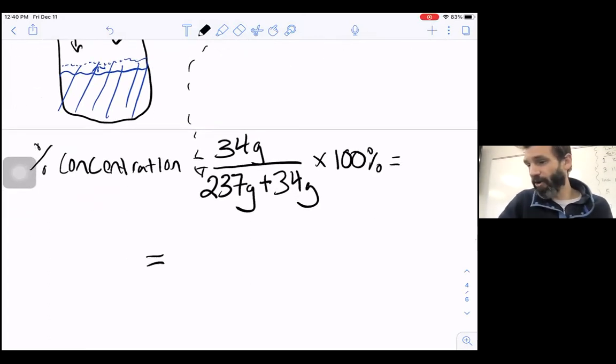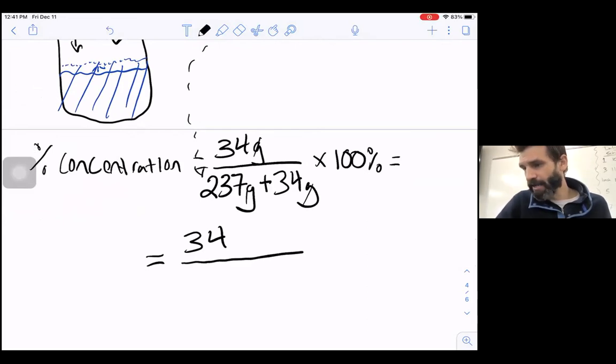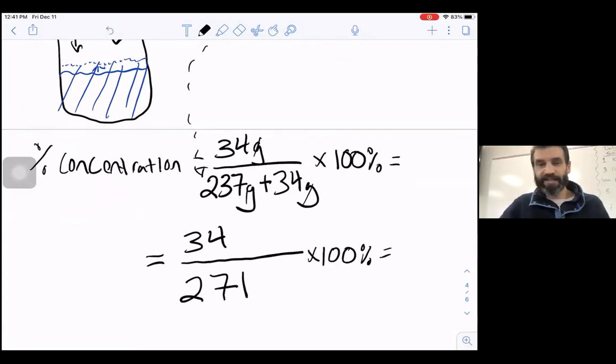So if I did this, this changes a little bit. So this is now 34 grams, all cancel out, divided by 271 times 100%. So this is now 34 divided by 271 is 0.125 times 100.